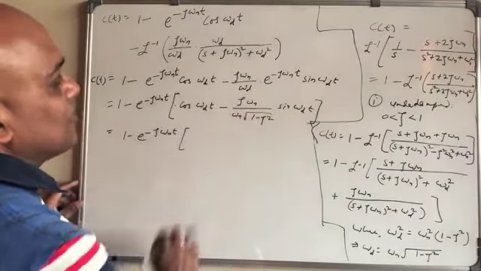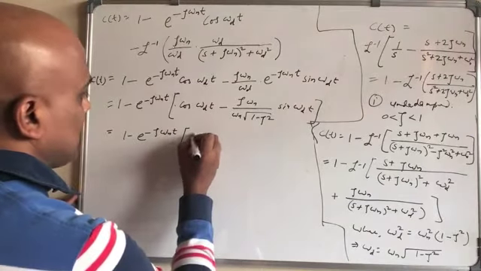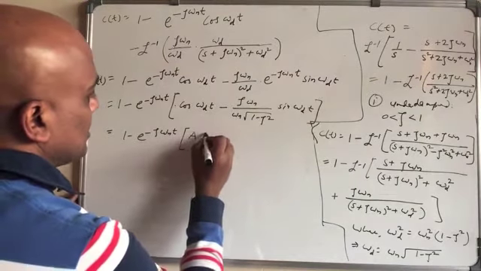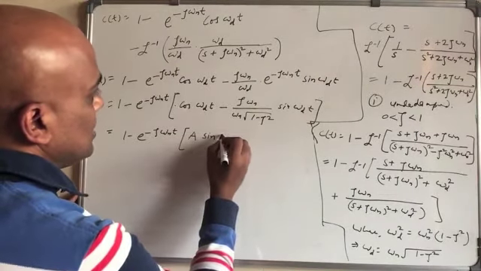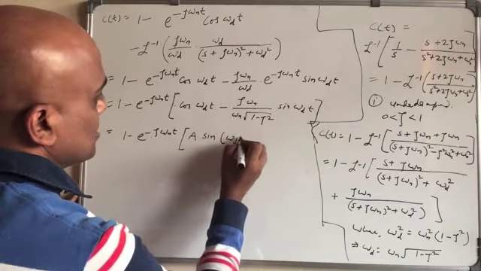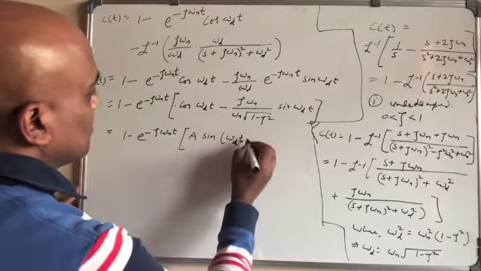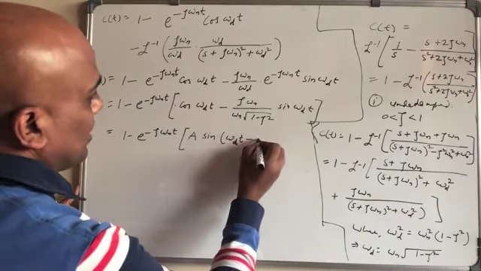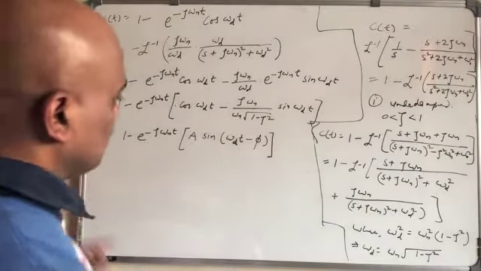the whole thing we can write as values, let us say A sine (omega d t minus phi). Yeah. So we can write something like this one.